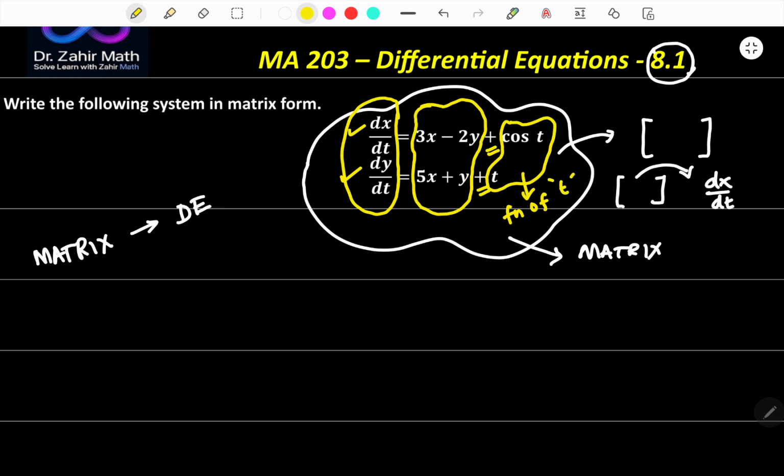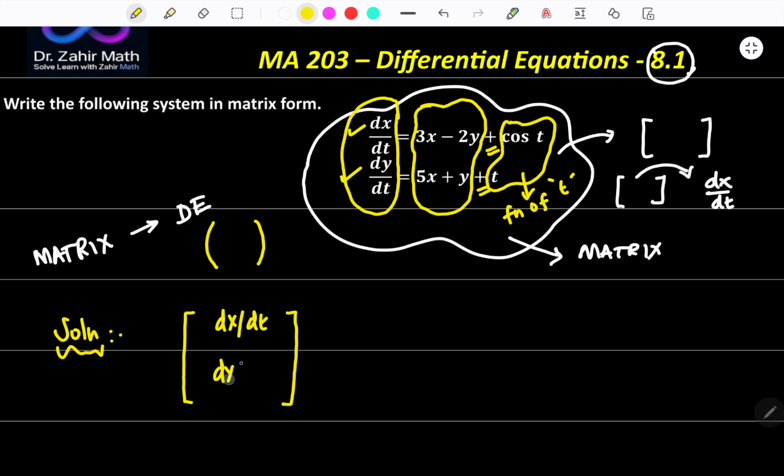So to write in matrix model, just open your matrix. Either you can use rectangular brackets or the curved ones, both are allowed. You write dx by dt in the first row and dy by dt in the next row. This equals, then open another matrix. Take the coefficients of x and y, which are 3 and minus 2 here, 5 and 1 here.